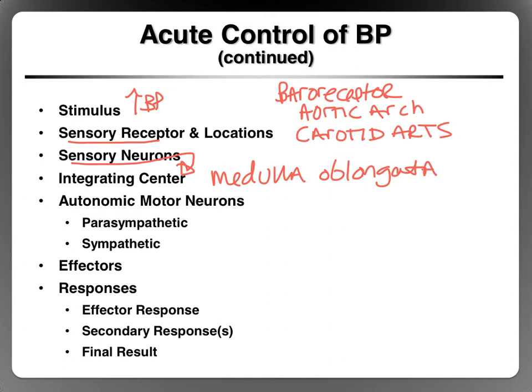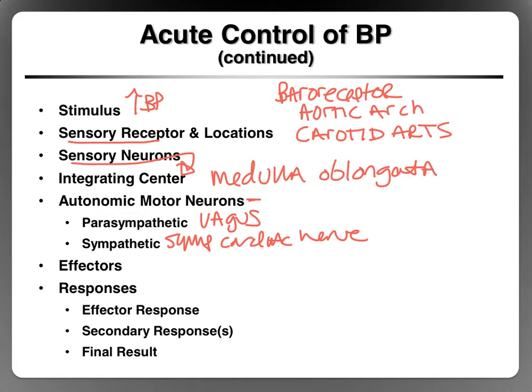through autonomic motor neurons. Now, these neurons are either going to be parasympathetic, which would be the vagus nerve, or sympathetic, which would be the sympathetic cardiac nerve. Okay, we talked about these earlier in this chapter.